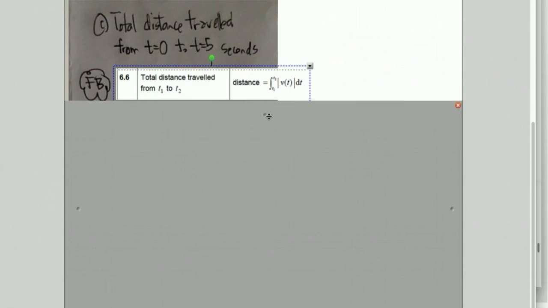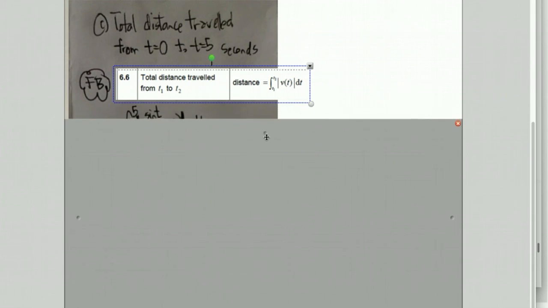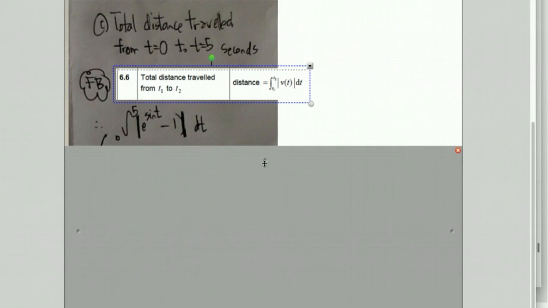In these kinds of questions, it's always good to consult the formula booklet to see if there's anything there that will help us get to the solution quicker. And sure enough, the total distance traveled formula from time 1 to time 2 is given by the integral of the absolute value, or modulus, of the velocity function. We were given the velocity function, and we're interested from 0 to 5.